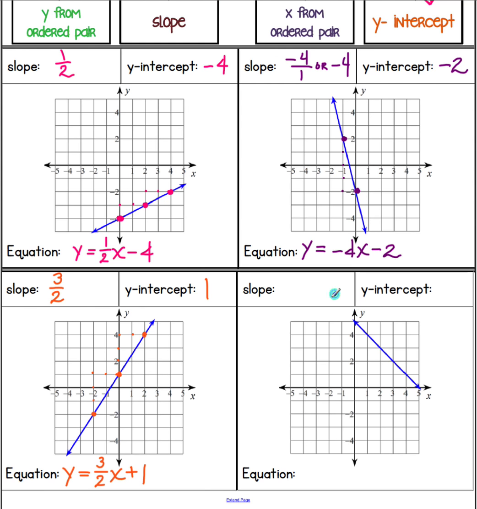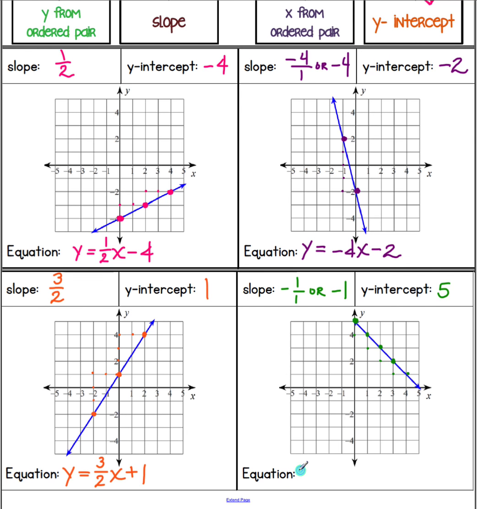All right, looking at the next one. Our y-intercept looks like we barely made it on the graph here. So our y-intercept is at positive 5. For our slope, looking for any points that cross exactly, it looks like we have quite a few. Starting with a point on the left, we are going down 1 over 1, down 1 over 1, down 1 over 1, down 1 over 1. So that would be a slope of negative 1 over 1, or we could just say a slope of negative 1.